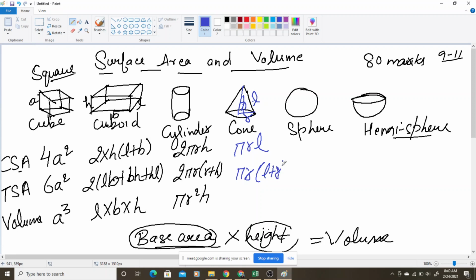Okay, and then if you are finding the volume, then it will be 1 upon 3 pi r square h. One relation is there between this h, L and r. You know about the relation between h, L and r? It is L square is equal to what? H square plus r square. This is the relation between L, H and r.